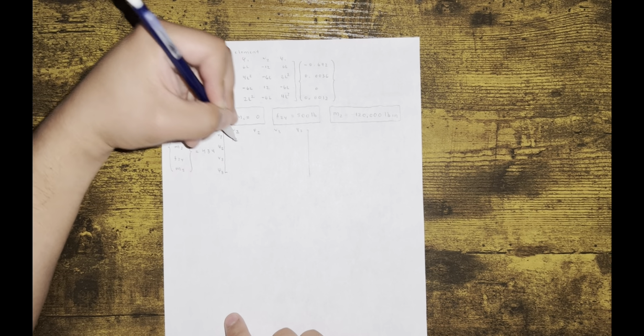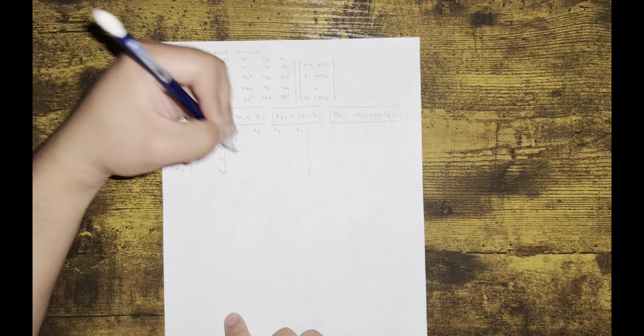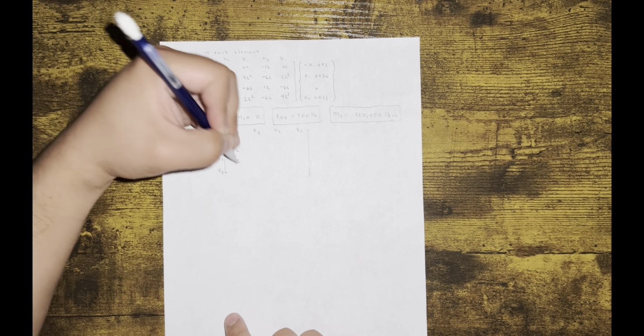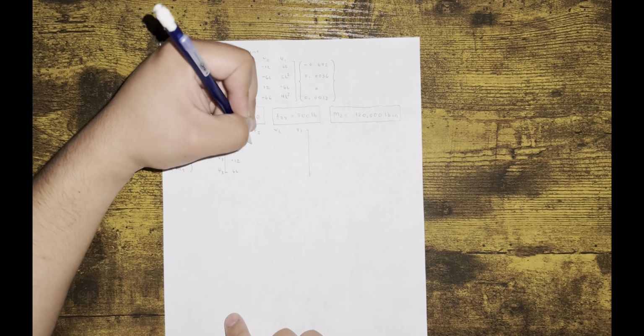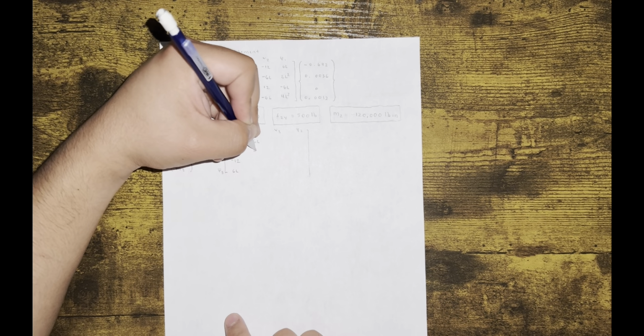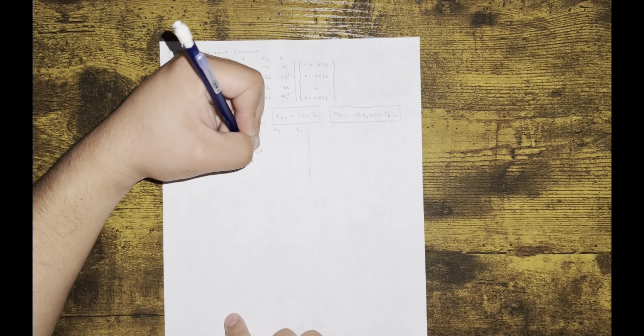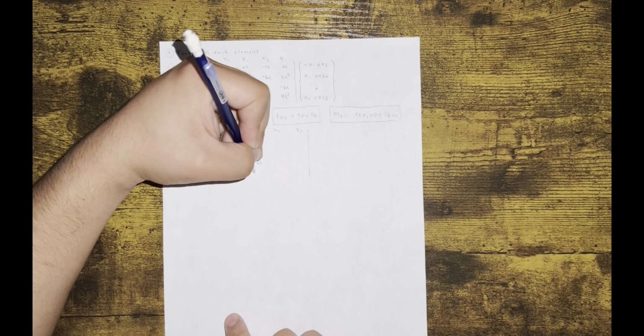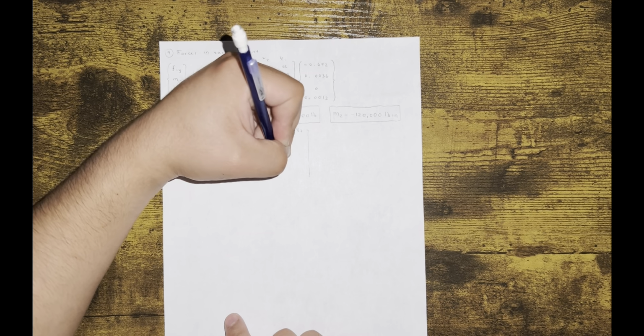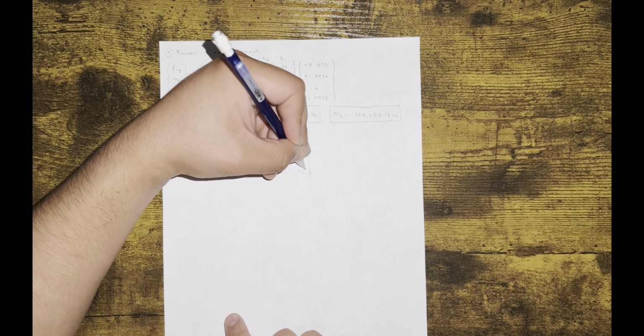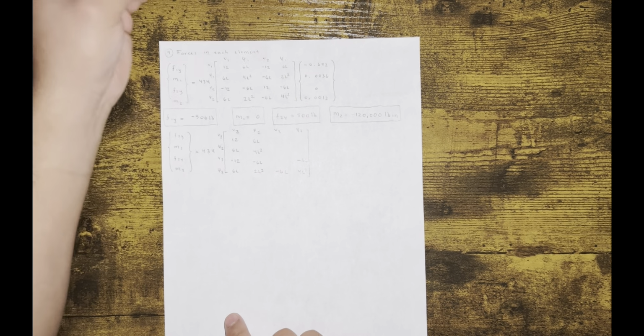Then same thing, 12, 6L, minus 12, 6L, 6L, 4L squared, minus 6L, 2L squared, minus 6L, 4L squared, minus 6L.